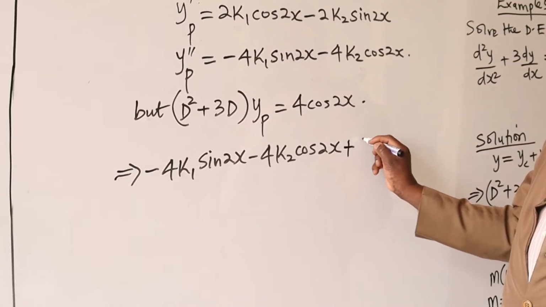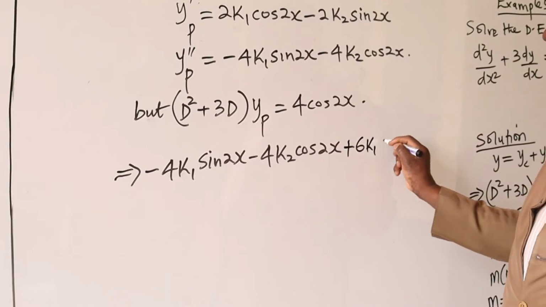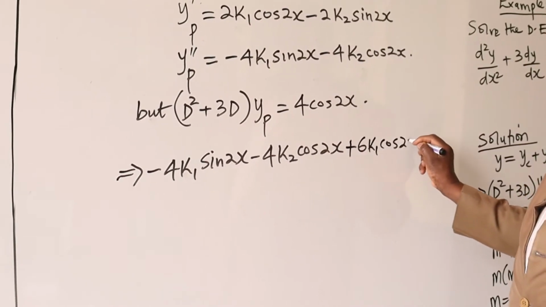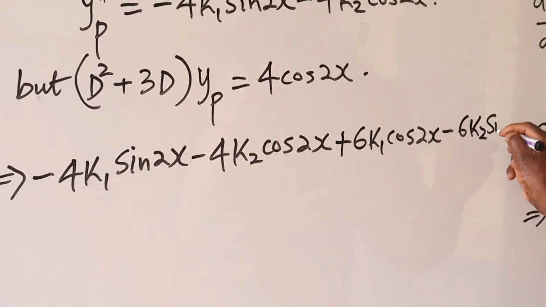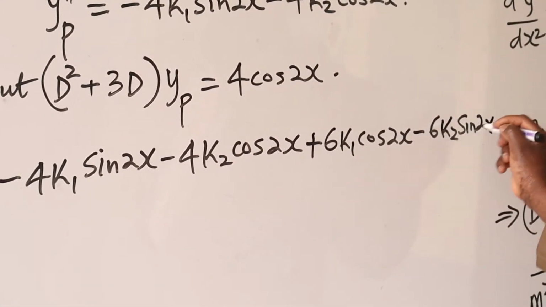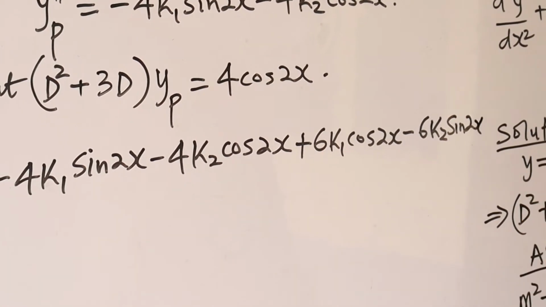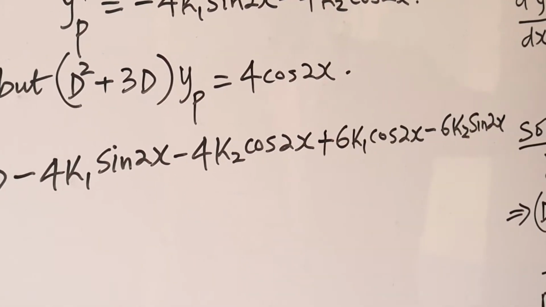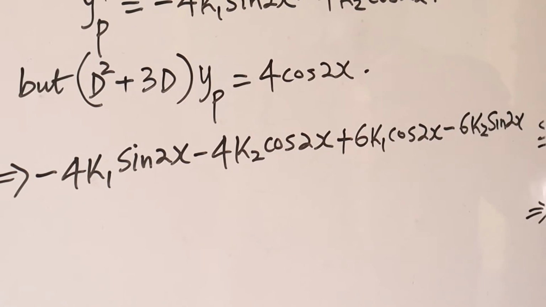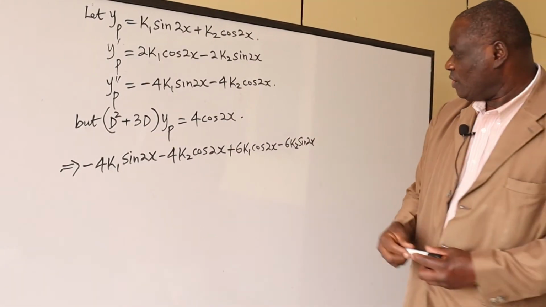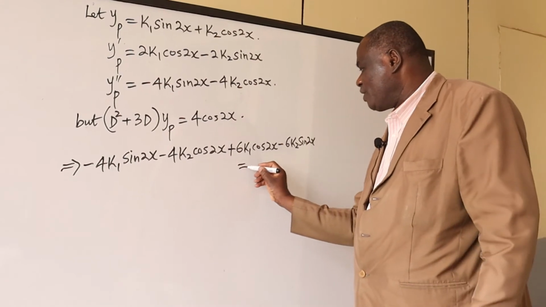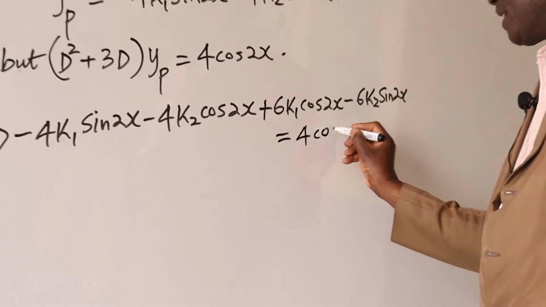So plus 6k1 cos 2x minus 6k2 sine 2x. So this is what should be equated to 4 cos 2x.